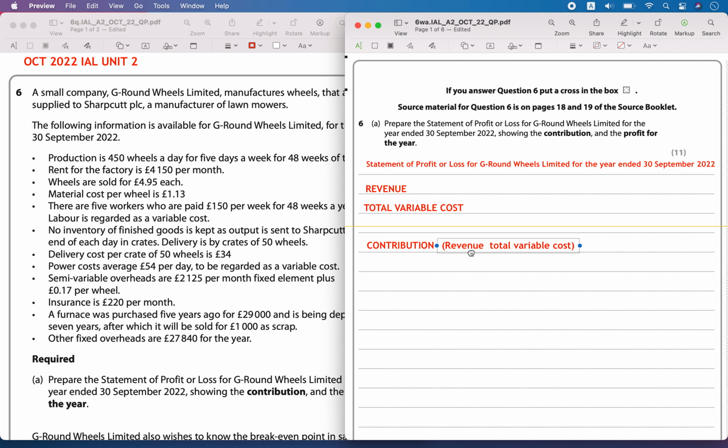That is going to give you the contribution. Then finally you will calculate the total fixed cost.